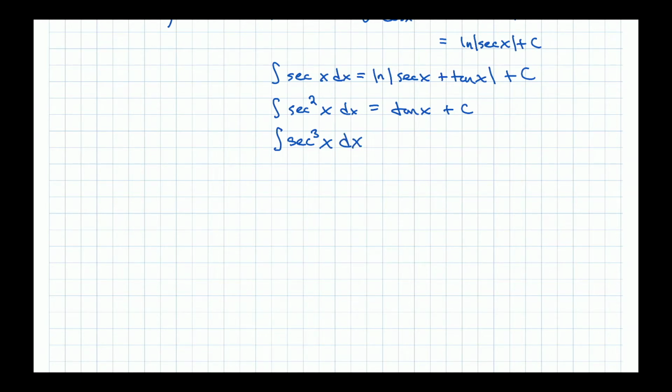It's a very tricky integral to do, but the integral of secant cubed is 1/2 secant x tangent x plus 1/2 natural log absolute value secant x plus tangent x plus c. So there you go.